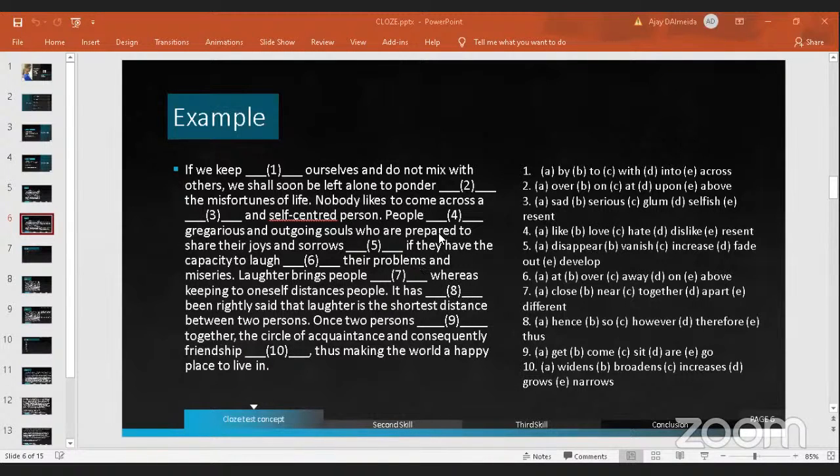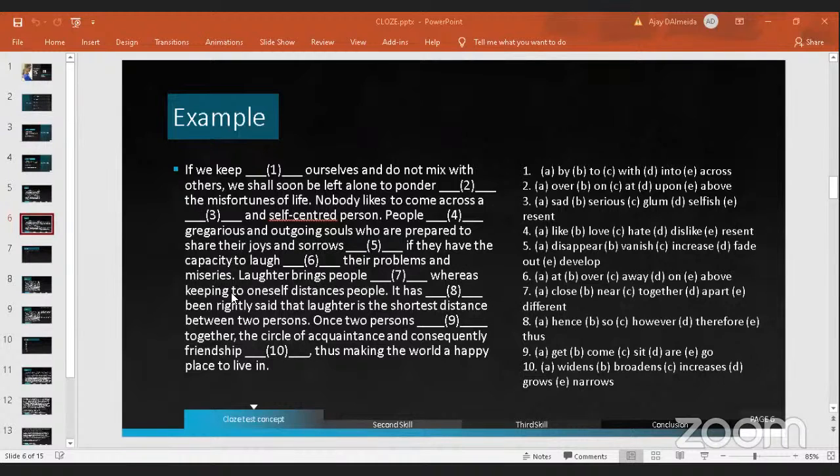Okay, 5. Dash who are prepared to share their joys and sorrows. Joys and sorrows dash if they have the capacity to laugh. Joys and sorrows vanish, not disappear.